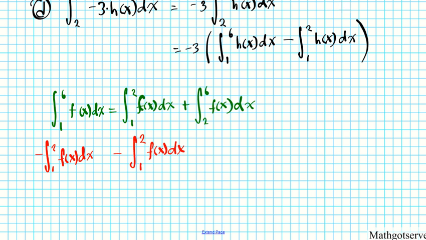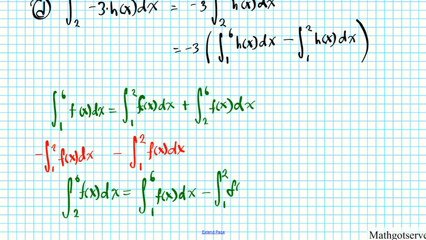And then what I'm going to end up with, using the reflexive property of equality, is the antiderivative from 2 to 6 of f of x dx, which is basically the entire area, the antiderivative from 1 to 6 of f of x dx, minus the other piece right here, the antiderivative from 1 to 2 of f of x dx.